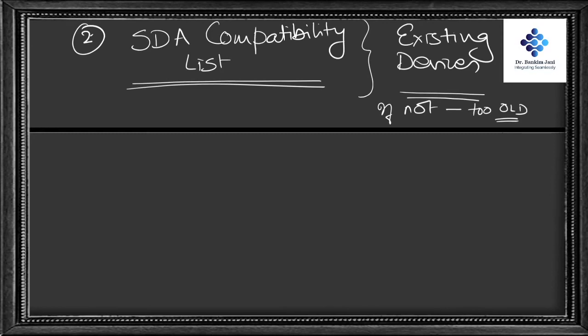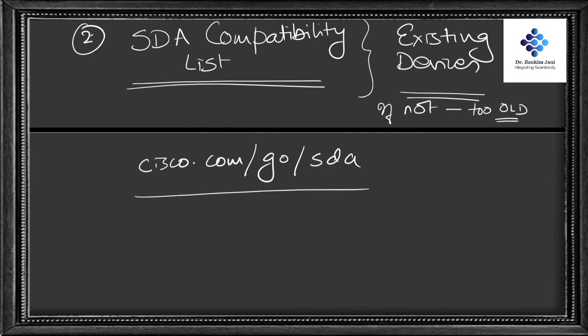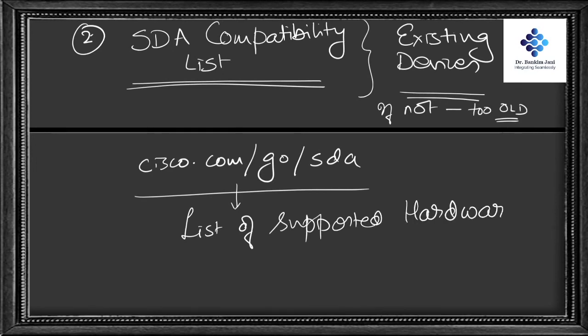So this is the SDA compatibility list, and this is at cisco.com/go/SDA, right? Here it will show you the list of supported hardware, whether they will be really compatible or not.